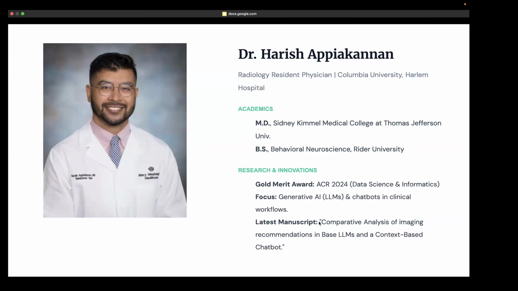I had written a manuscript comparing imaging recommendations in basic LLMs that are commercially available and then a context based LLM.